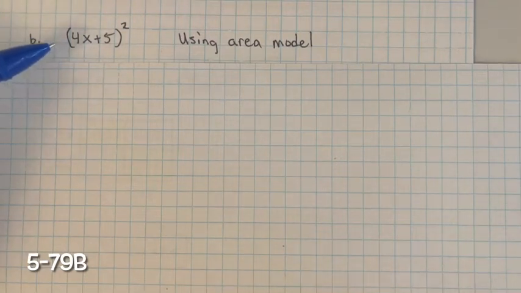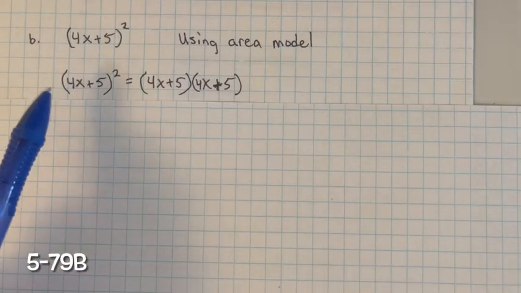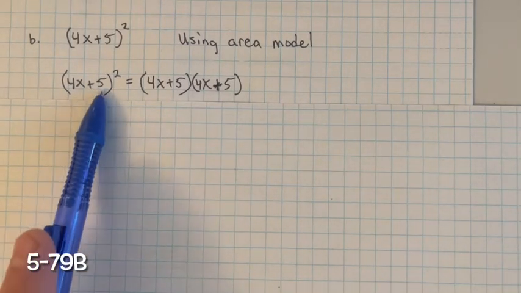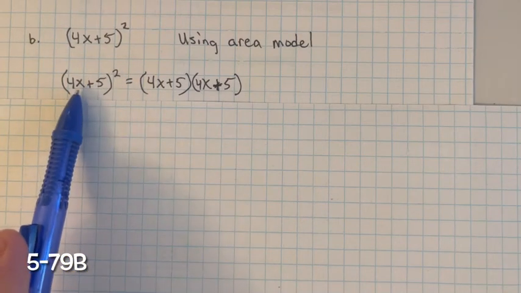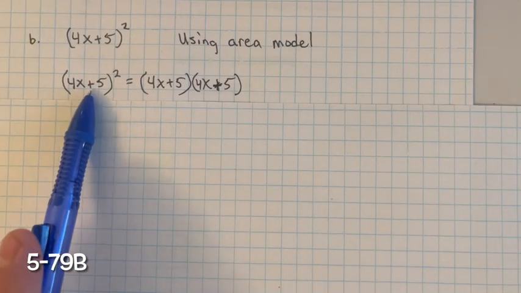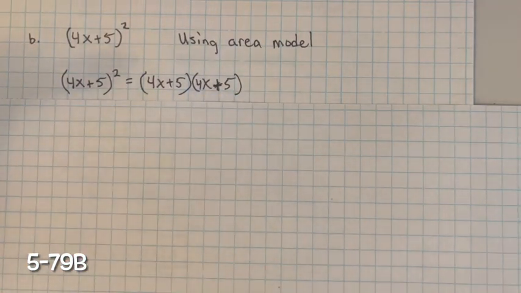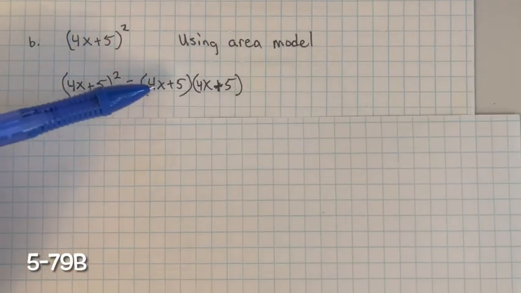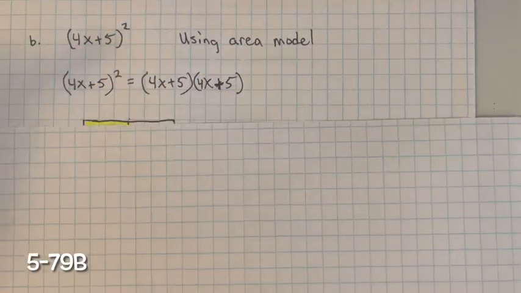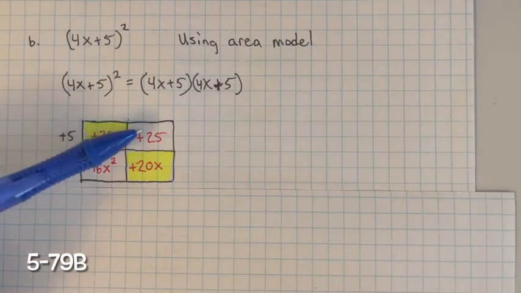So for using the area model, first, (4x plus 5) squared just means that you have two groups that you're going to multiply of 4x plus 5. So we have 4x plus 5, 4x plus 5. Now I'm going to put that into an area model. And so I have 1, 2, 3, 4 terms all together. So when I create my area model, I need 4 boxes.